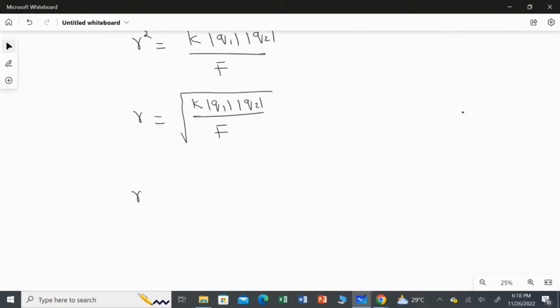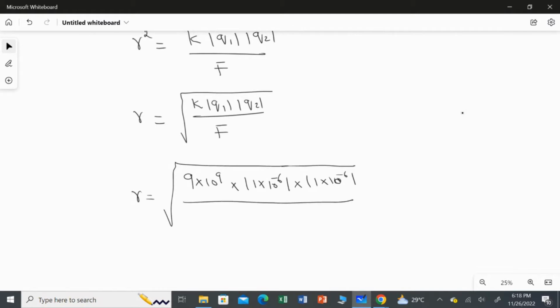So R equals the square root of the Coulomb constant value, which is given as a constant: 9 multiplied by 10 power 9, multiplied by the magnitude of the first charge, 1 multiplied by 10 power minus 6, and multiply with again 1 multiplied by 10 power minus 6, because they mentioned both charges have the same value, right? Divided by the repulsive force, which they mentioned as 9 Newton, right?